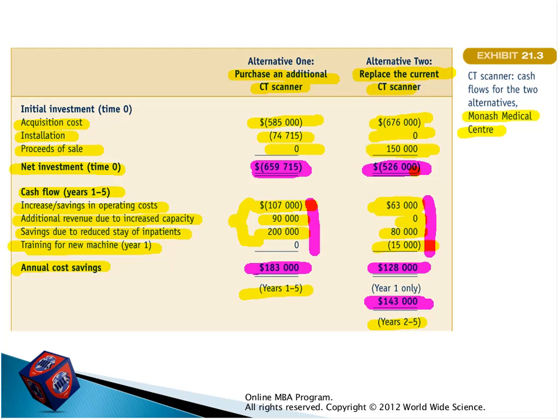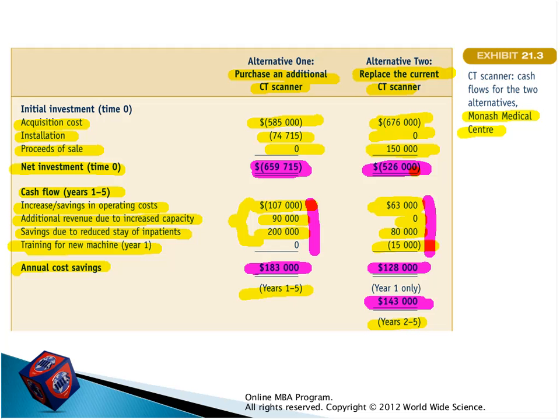So for example, first of all, you must get the differences between your investments and the cost savings. In the first project, we have invested 659,715, right? It's around 660,000 in the first project.